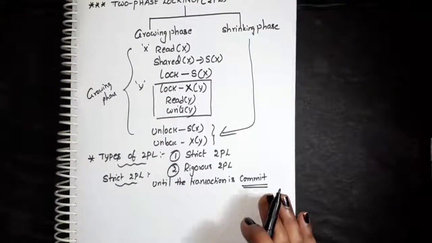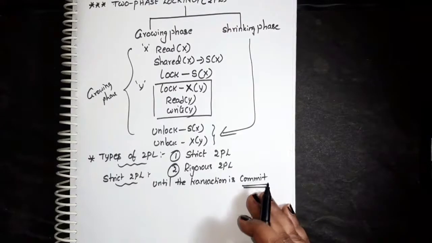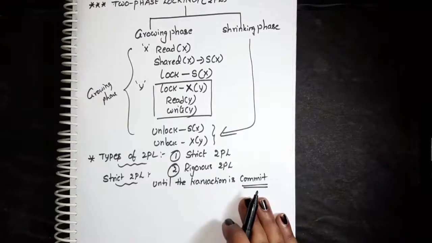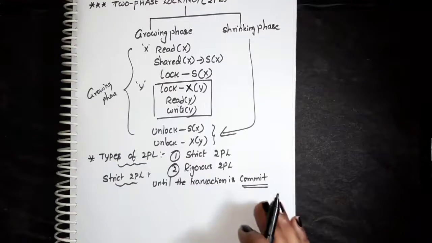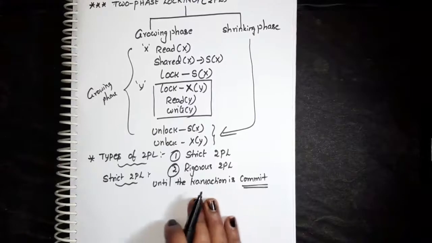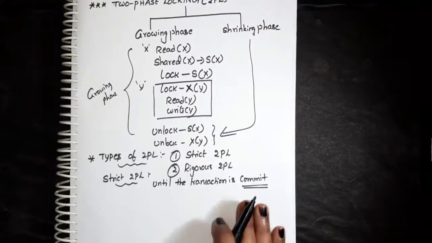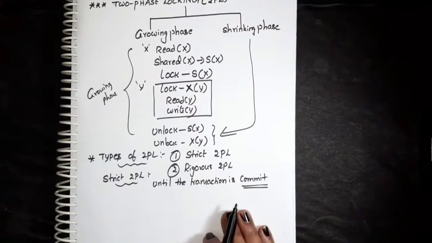If the transaction is committed, all the changes and update operations are properly applied to the database, and the data items related to that transaction are saved. Only after committing do you unlock.